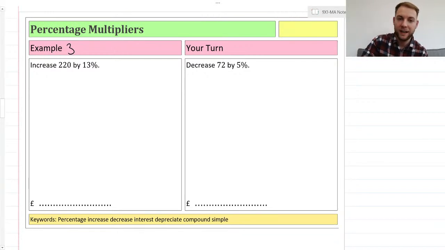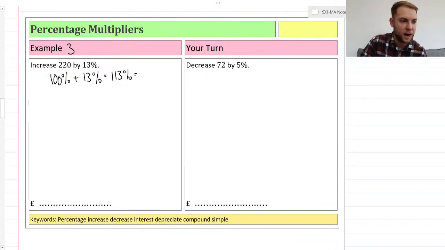Okay? So if I want an increase of 13%, let's do that first of all. Let's write down that as a percentage. So this is going to be 100% plus 13%, which is equal to 113%. This represents an increase of 13%.